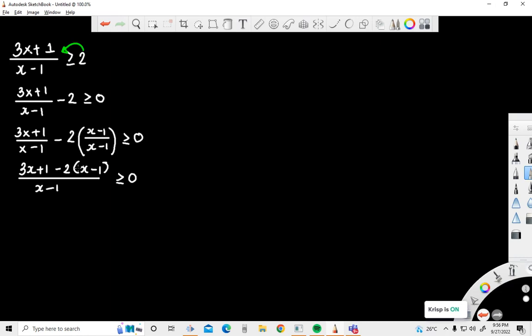Now, the next part is we will distribute negative 2 sa x at saka sa negative 1. So, here we have x - 1. So, we have 3x + 1 - 2x. The negative 2 times negative 1 is positive 2. Greater than or equal to 0.